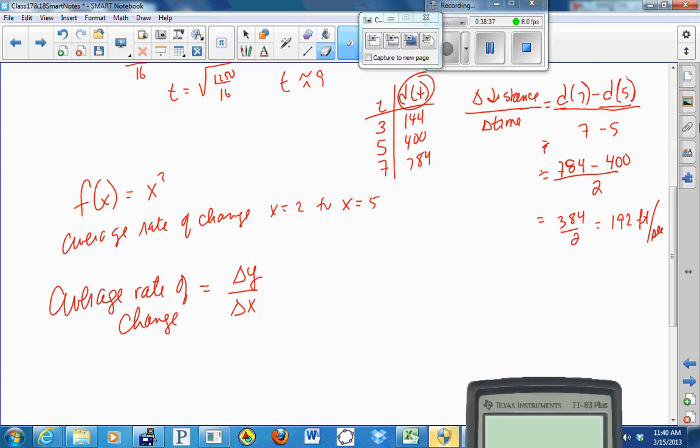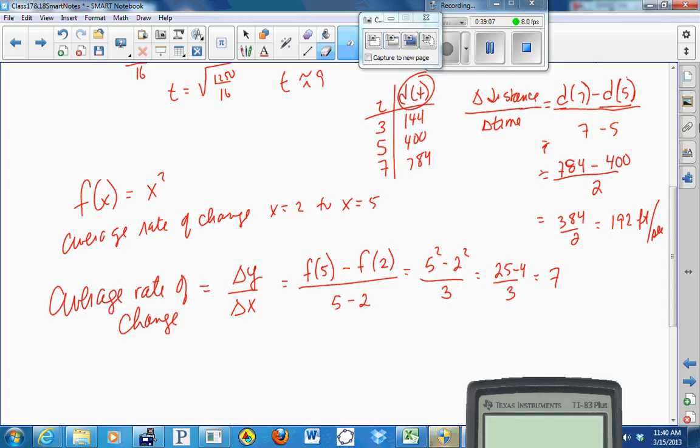Then all I do is I say, what is the value of my function at 5? What is my output, my y variable? What is my output when I'm at 2? And then I look at the change in my 2 x values. So f of 5 here would be 5 squared minus 2 squared all over 3. That would be 25 minus 4 all over 3, which is 7.